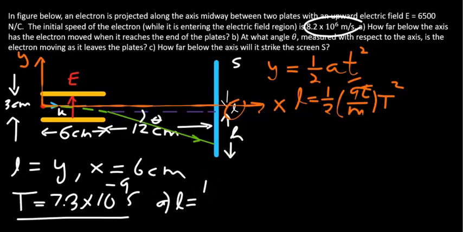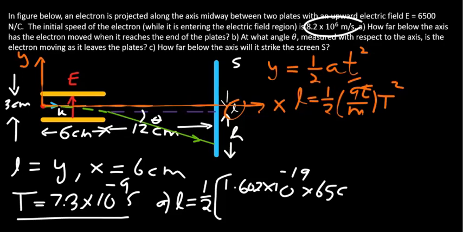L equals half. The charge of the electron is 1.602 times 10 to the power minus 19 coulomb. Electric field is given to be 6,500 newtons per coulomb, over the mass of the electron, which is 9.11 times 10 to the power minus 31 kg.